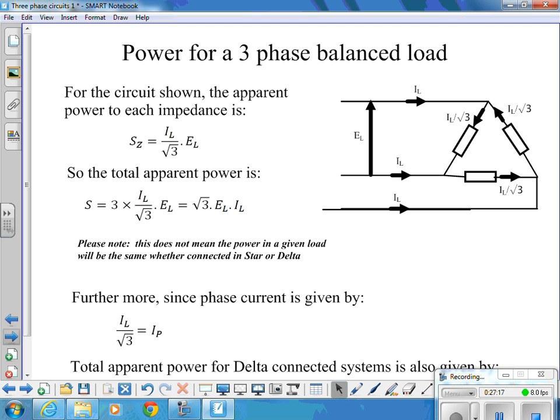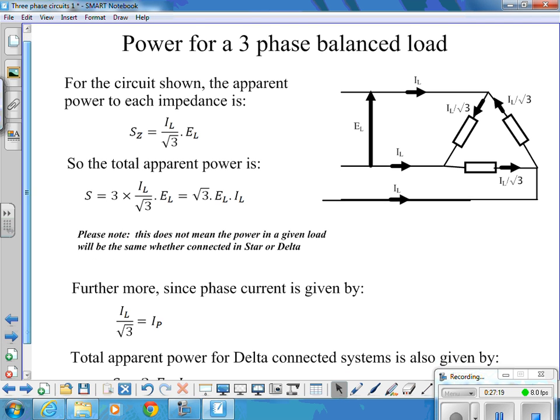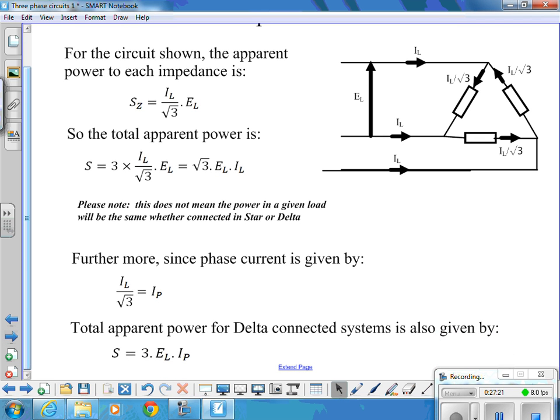Furthermore, since the phase current is given by IL over root 3, we can write that the total apparent power for the delta connected system is 3 times EL times I phase.